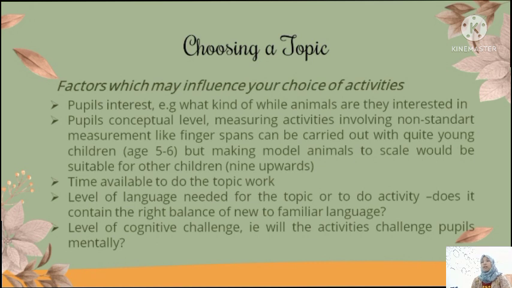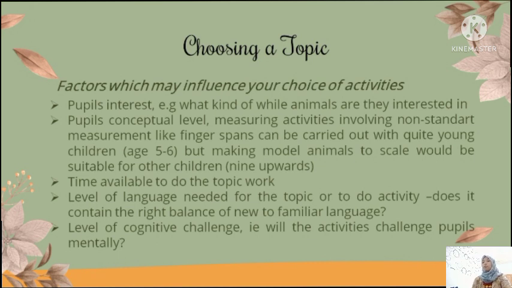Then we also have some factors which might influence your choice of activities. There are quite a few factors. The first one is pupils' interests, such as what kind of wild animals are you interested in.